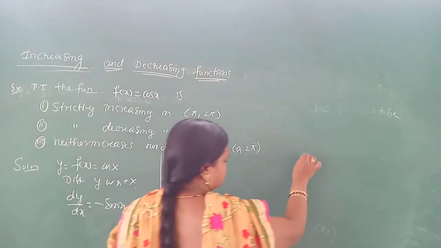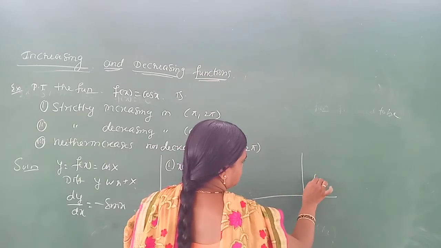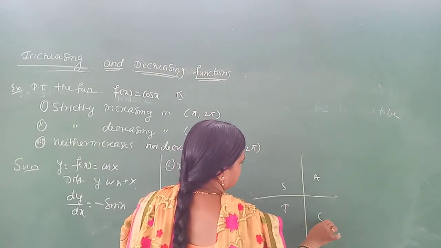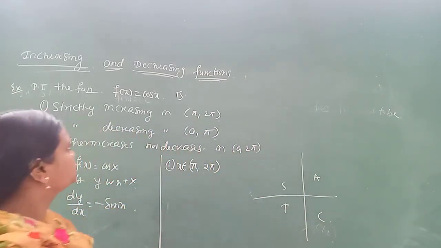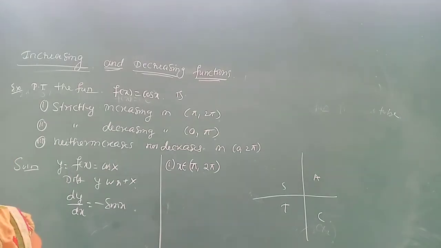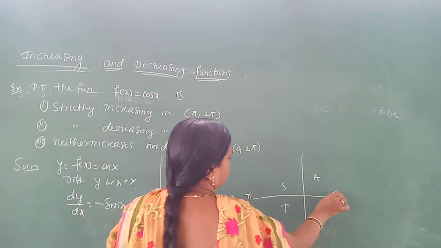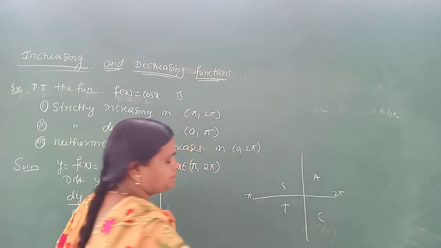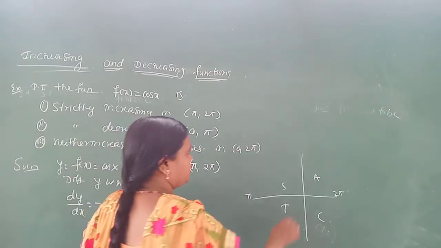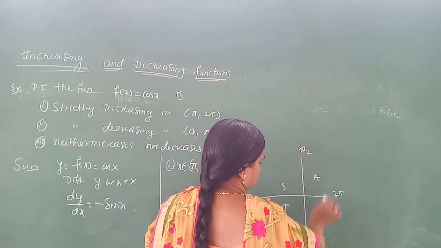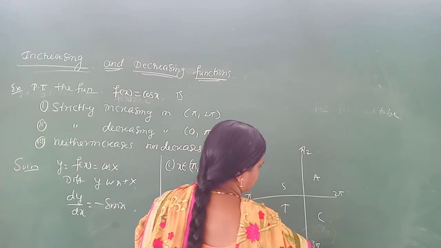According to ASTC rule, it is given pi to 2 pi. This is pi by 2. This is 3 pi by 2.